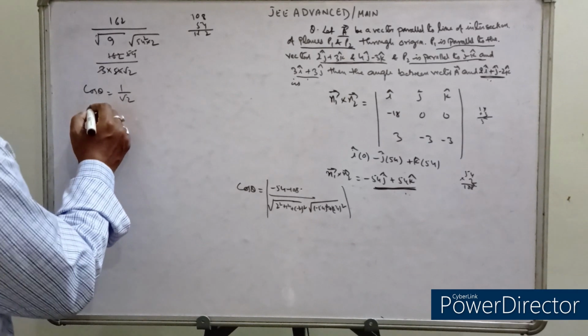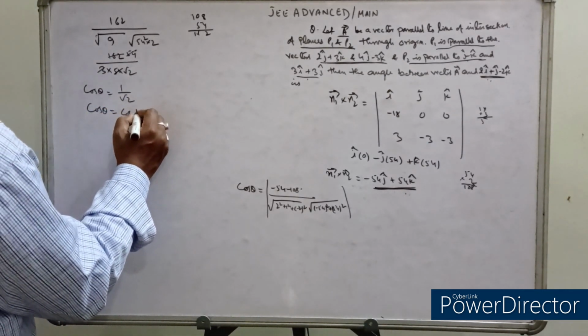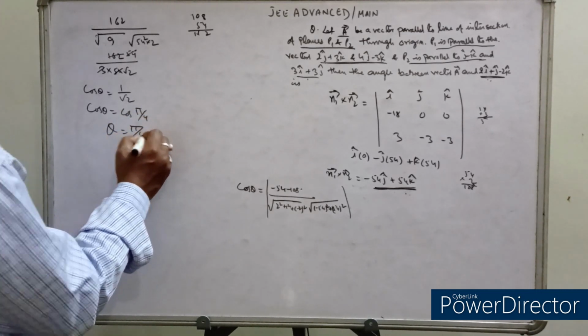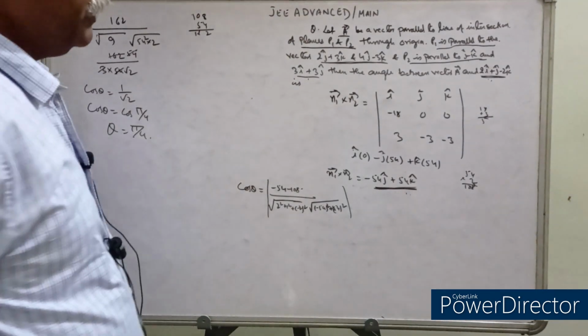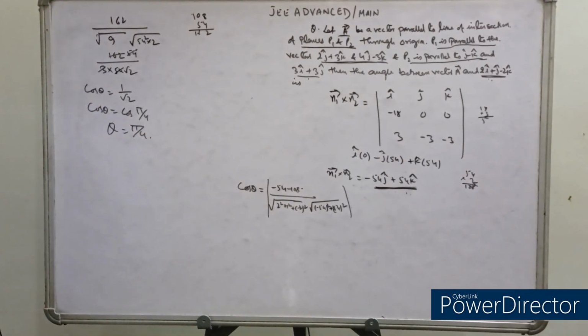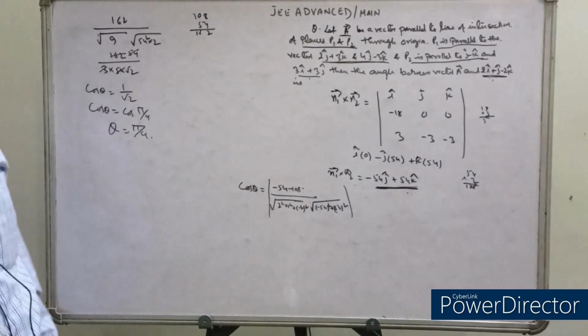So cos theta is equal to cos pi by 4. So your theta comes out to be pi by 4. So the angle between this a vector and the given vector is theta equal to pi by 4.